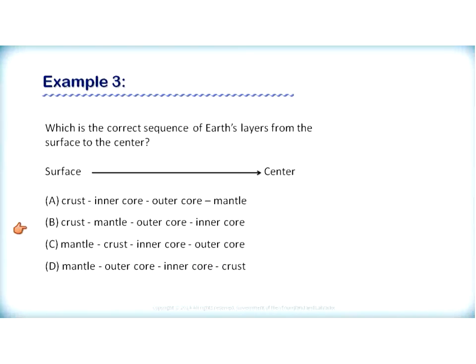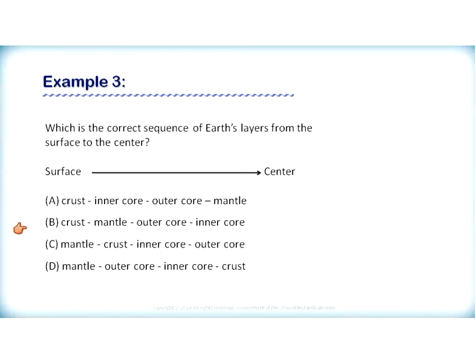Again, as in example number 2, we see that answers A and B start off with crust, which is close to the surface, while C and D start with mantle, which is closer to the surface. From going over the diagrams and the preceding slides, we learned that the crust is the outermost layer of the Earth.